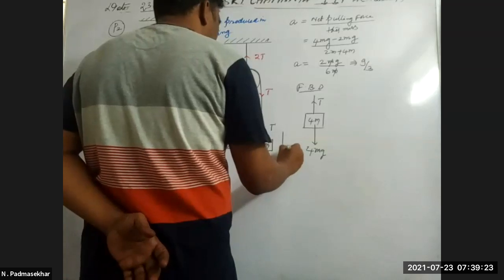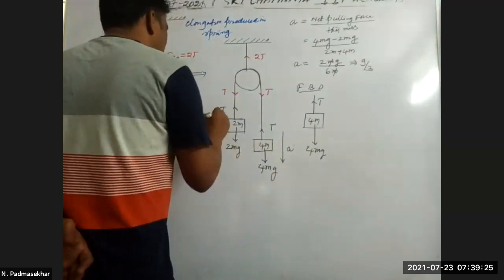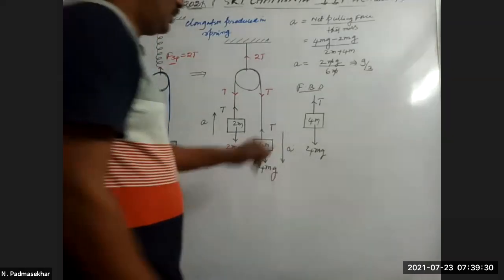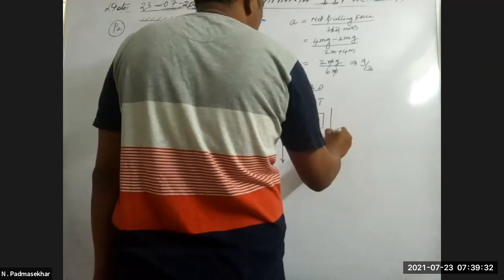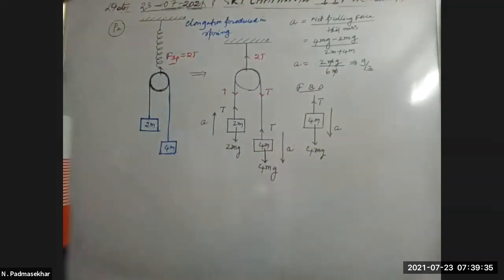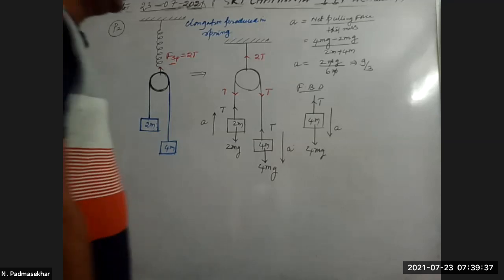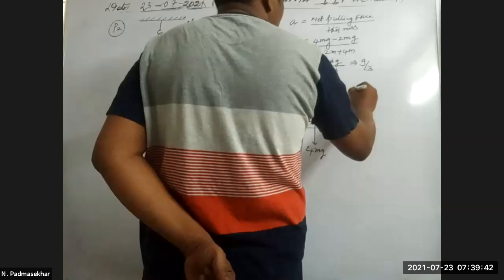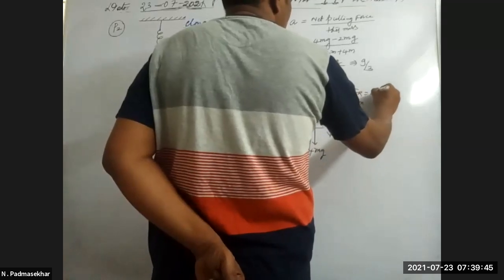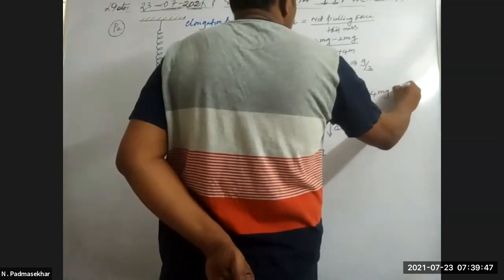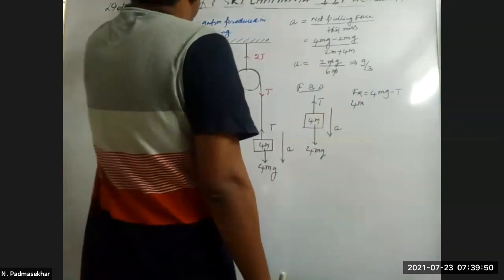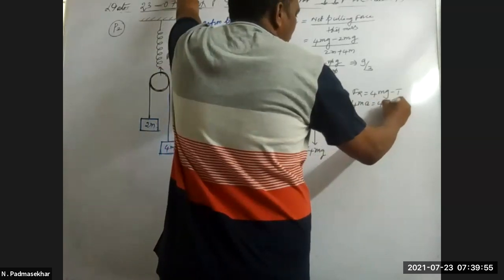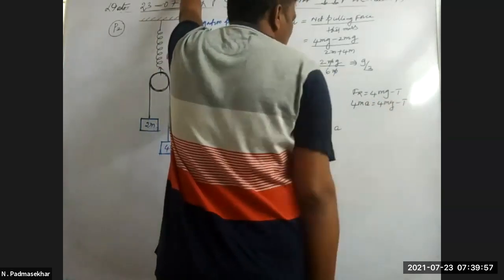This block is coming down with an acceleration, so 4ma is equal to 4mg minus tension.